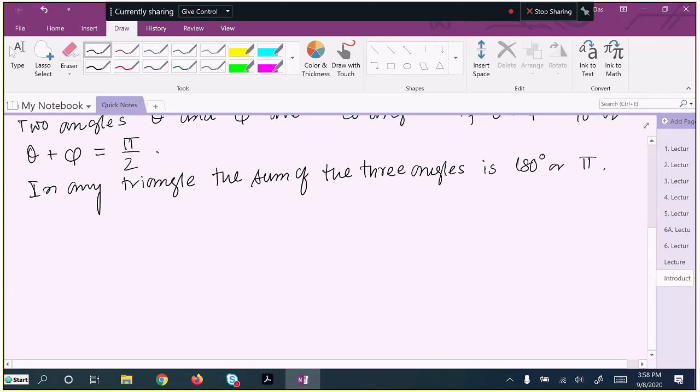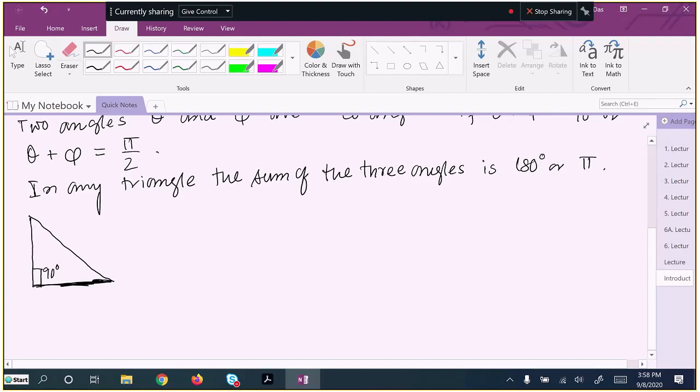What is so special about a right angle triangle? Well, first and foremost, in a right angle triangle there is a very nice relation between the lengths of the three sides of the triangle. The sides that are the two terminal sides of the 90 degree angle are called legs of the right angle triangle.